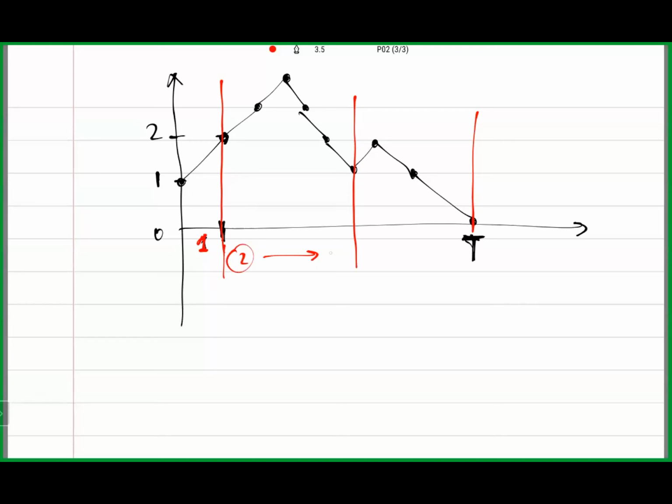Here you decreased your position by 1, and here you once again decreased your position by 1.